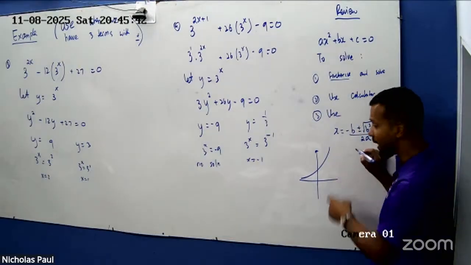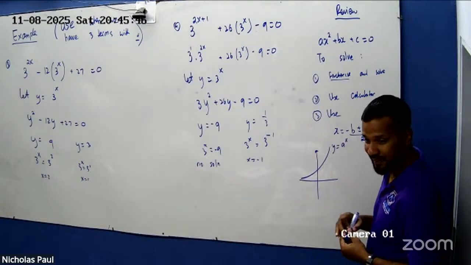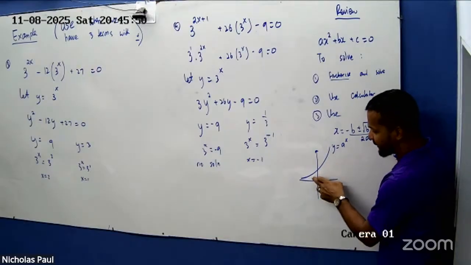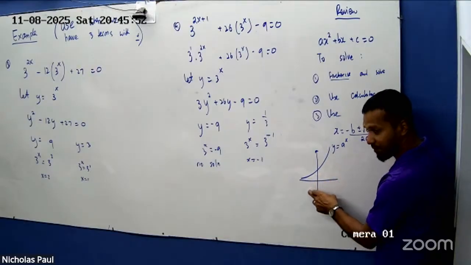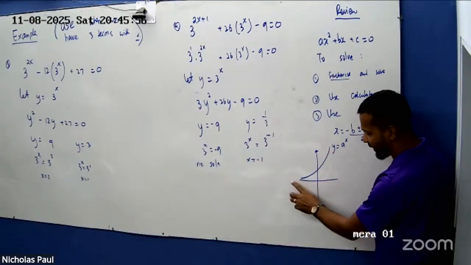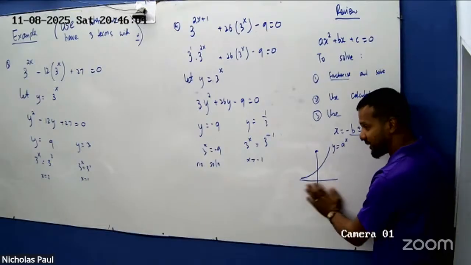This is the graph. This is the graph of any exponent. So what this graph is telling you is that this graph never goes to the negative side. So there is no x value that'll give you a negative y value, right? This graph never goes below there. So it doesn't exist in the negative range.